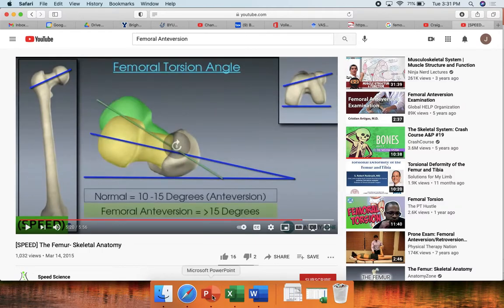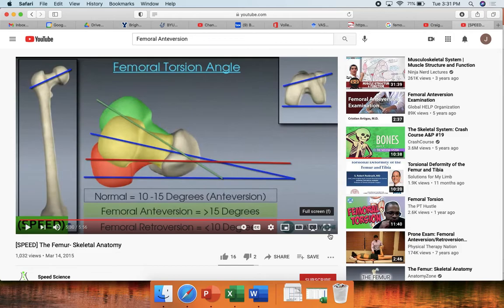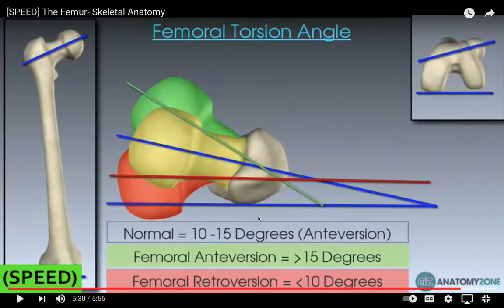I'll fast forward just a little bit. So I'll make this bigger so you can see it. So the normal degrees of anteversion here are going to be 10 to 15. And we actually have a clinical test that we'll do here in class that will help us see this angle. If you have someone that has femoral anteversion here, the angle is going to be greater than 15 degrees.